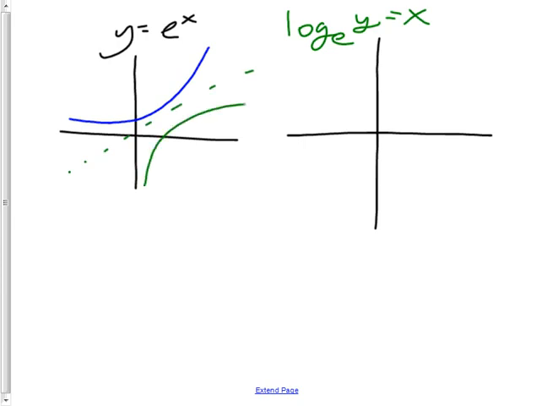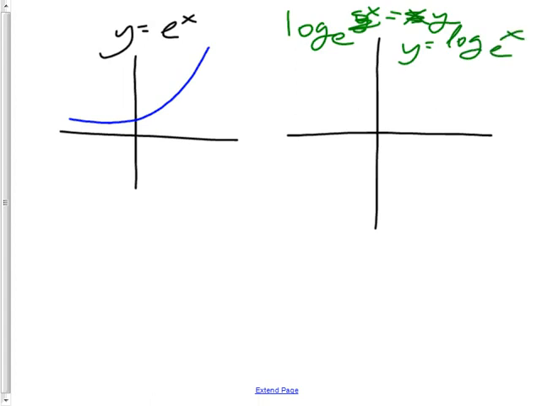An inverse means x and y get reversed. As soon as I reverse the x and y, this is an x, this is a y. I'm just trying to get log base e. It's because it's an inverse of this one.